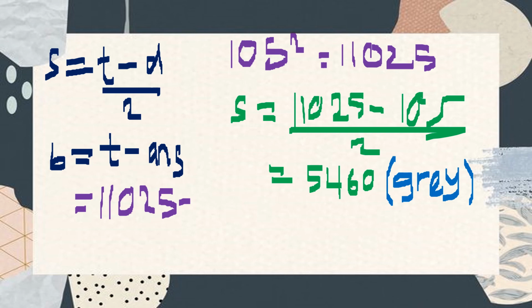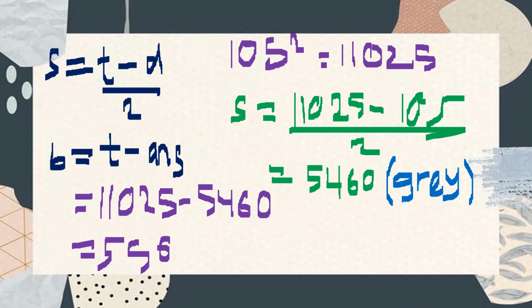The answer is the gray, 5460. So the answer is 5565. And the bigger is actually the white triangle.